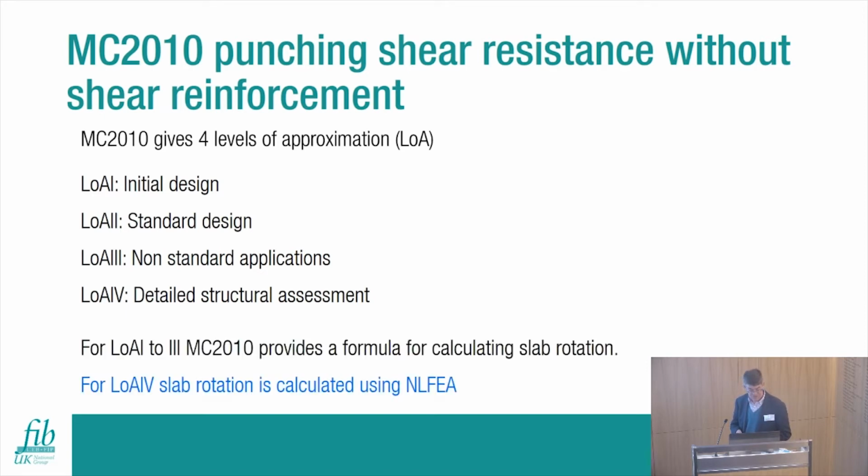So in levels 1 to 3, the code provides a formula for calculating the slab rotations, while with level 4, the deformation of the slab can be calculated using nonlinear finite element analysis. And we'll see in a minute the benefits that gives us.